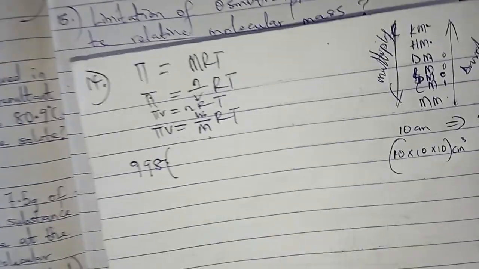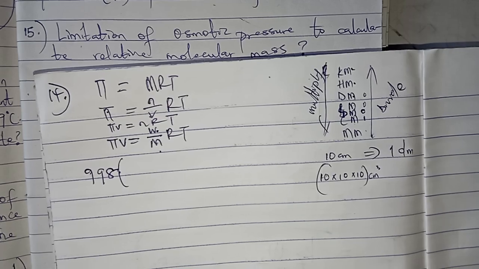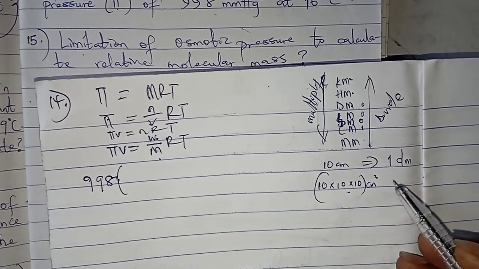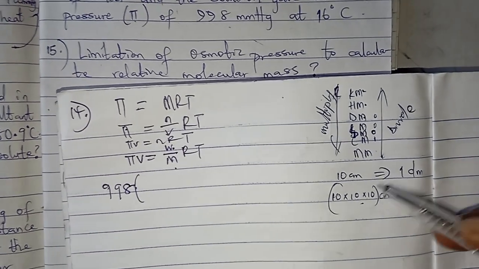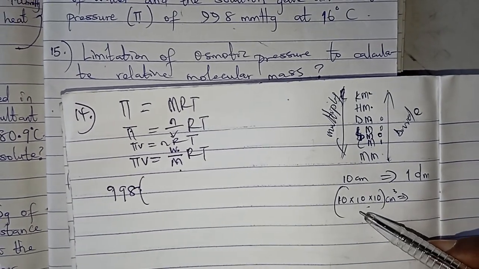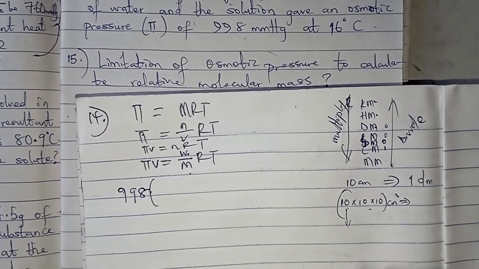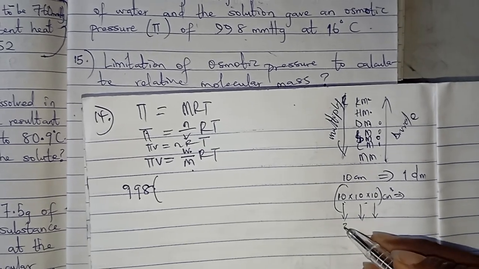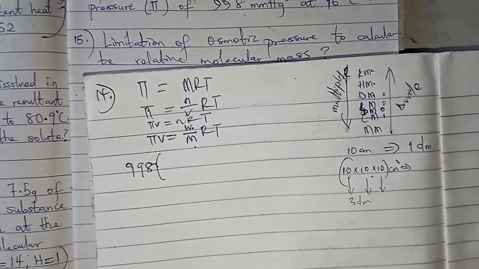And what this means is simply that if I have this to be cm cube and I want to take it to decimeter cube, I will simply check: 1 cm, this is 1 decimeter, this is another decimeter, this is another decimeter. Are you seeing it?